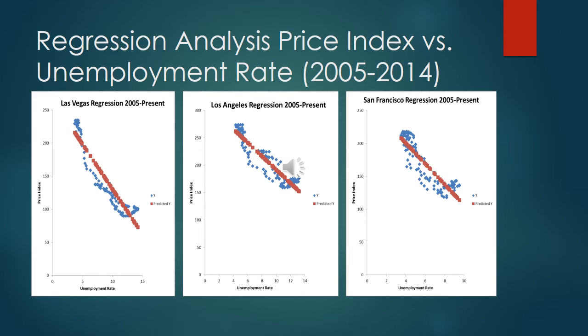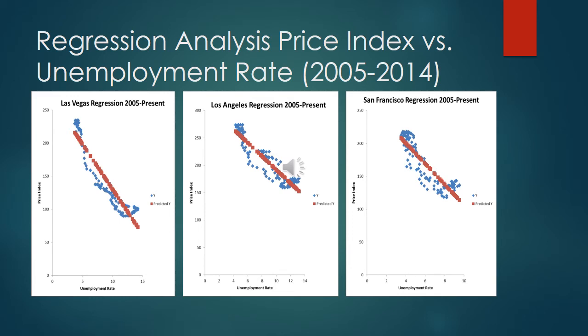And then after 2007, we saw a massive drop in the average price index for all three of the cities, and predictably around the entire United States, because of the economy tanking. And then after that, the steady increase as the economy began to recover till what we have in today's terms.